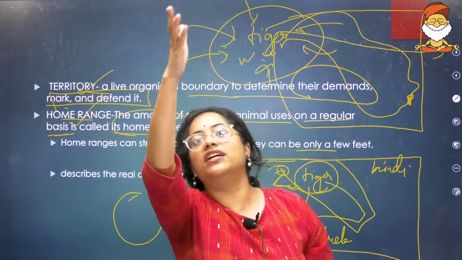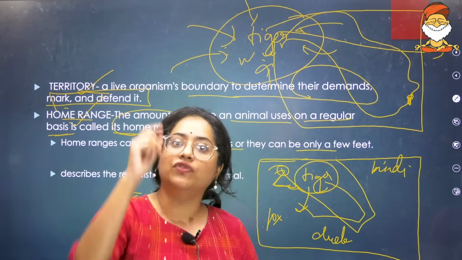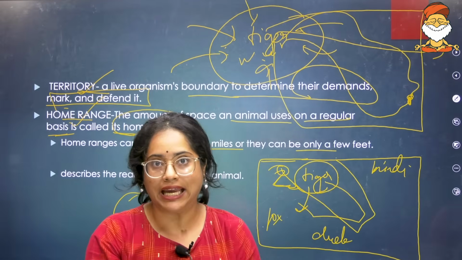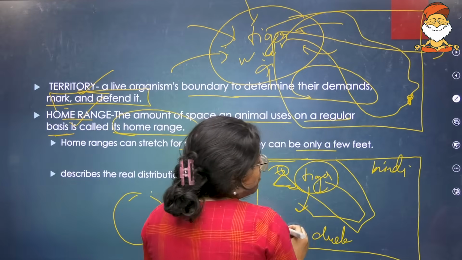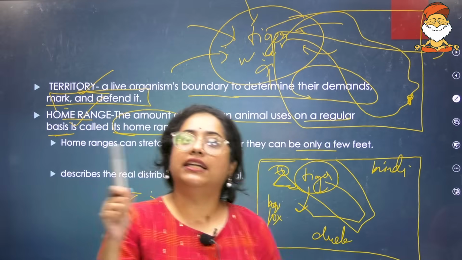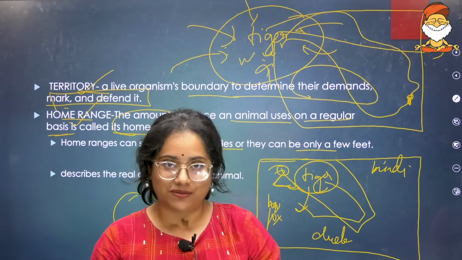If it goes to a desert or a tropical deciduous area, just because it went over there, it might not be able to find the prey required over there, which means ideally the animal's habitat will encompass the territory and the home range of the animal.